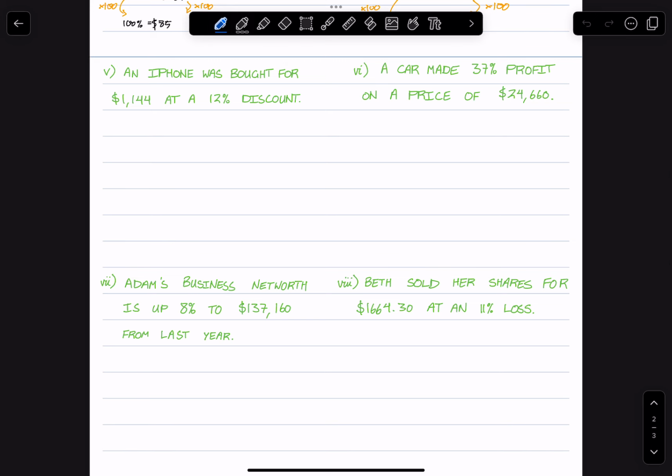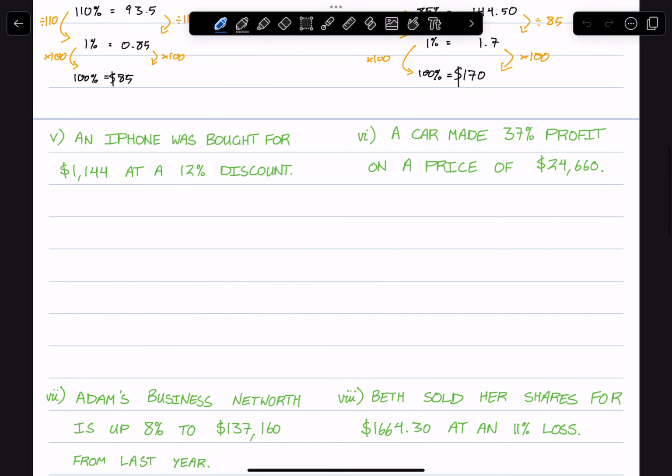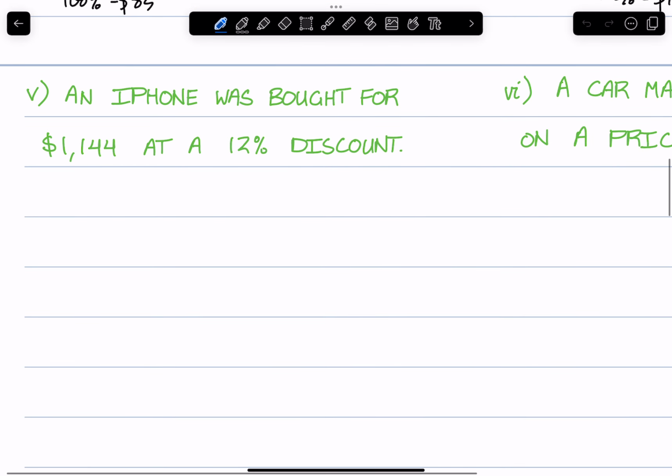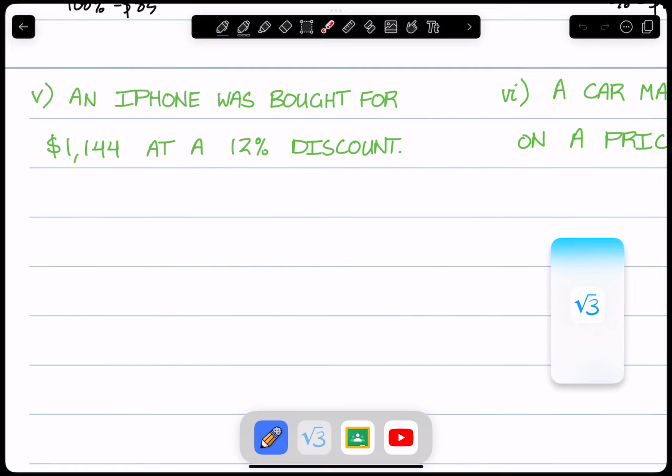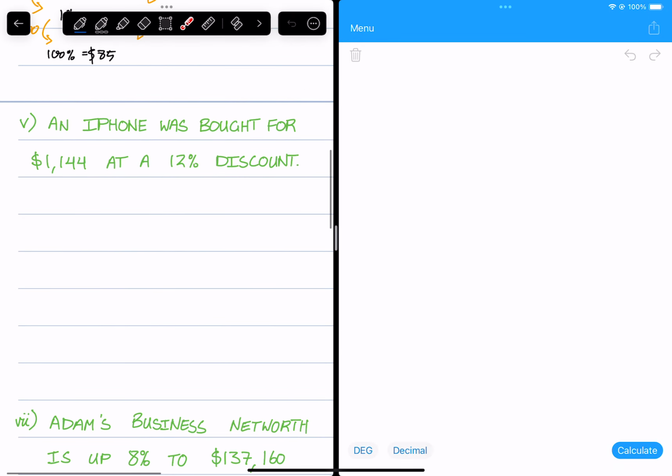So here we go. It says here, an iPhone was bought for this price at a 12% discount. So now this means that this amount is already a 12% discount. So if we were to do the whole subtraction, so 100 minus 12, this amount is 88%.